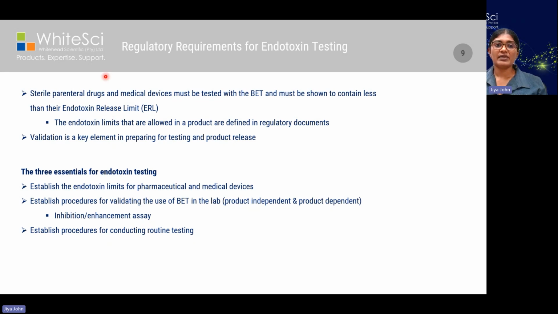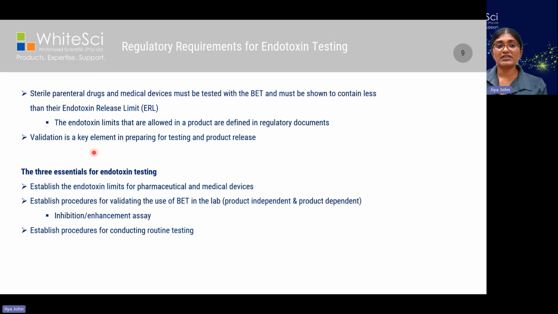The other requirement is the validation. As we saw on the first slide, because of the structure of endotoxin, you may encounter issues with testing for endotoxin in specific products. So validating that you can use endotoxin testing for your specific product becomes very important.